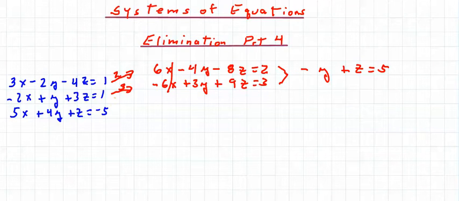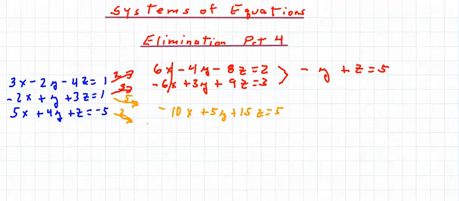And now, I'm going to switch colors. I'm going to look at the bottom 2 equations. So I'm going to multiply the middle equation by 5, and I'm going to multiply the bottom equation by 2. So I'm manipulating the middle equation twice, 2 different times. So now I have 5 times negative 2, negative 10x plus 5y plus 15z equals 5.